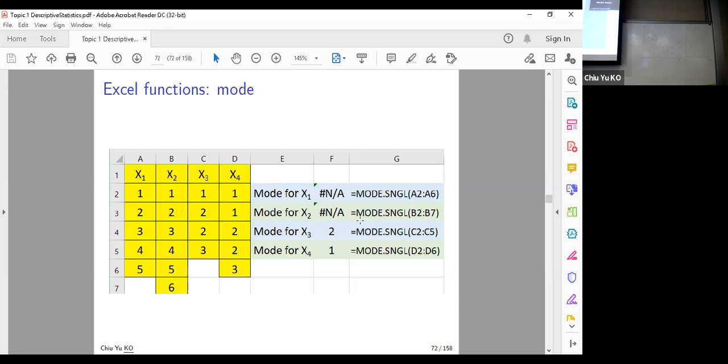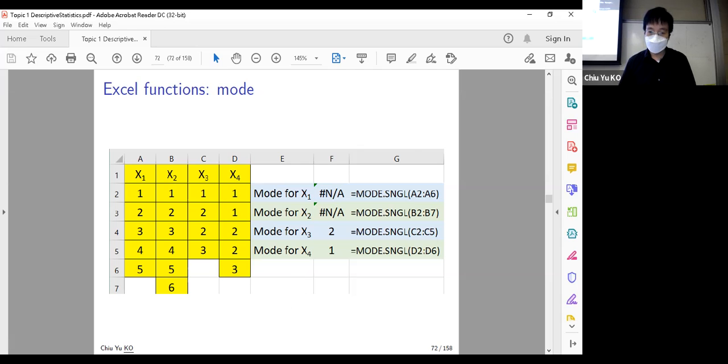Usually, you want everything to be in the mode for our purpose. Same here. Nothing appears twice, then nothing. If two appears twice, then it's two. If they're both, you put one. But if you do what I just said, then you can find 1 and 2. But it's okay, because Excel is something that you don't often use if you do real data analysis.